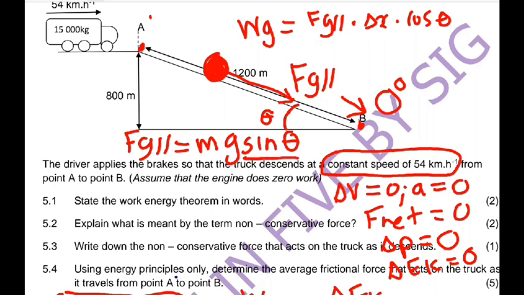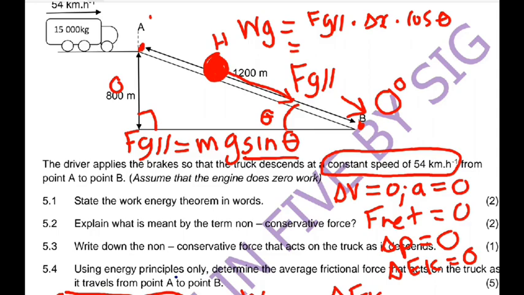Yes, you could calculate that, that's fine. But you probably don't need to calculate, because we know that the sine of an angle means the ratio of what? Opposite over hypotenuse. If this is my theta, this is my opposite side, this is my hypotenuse side, the ratio is 800 over 1200. That's what sine of theta means.